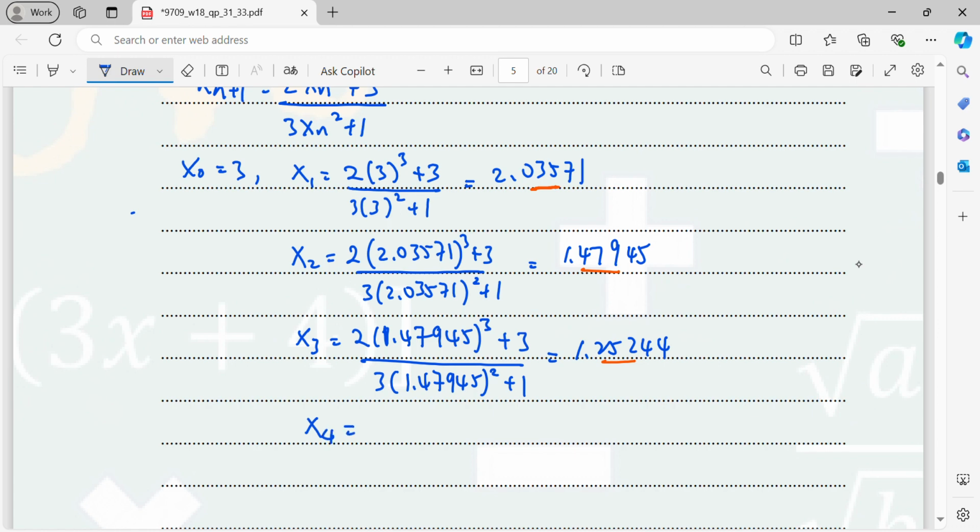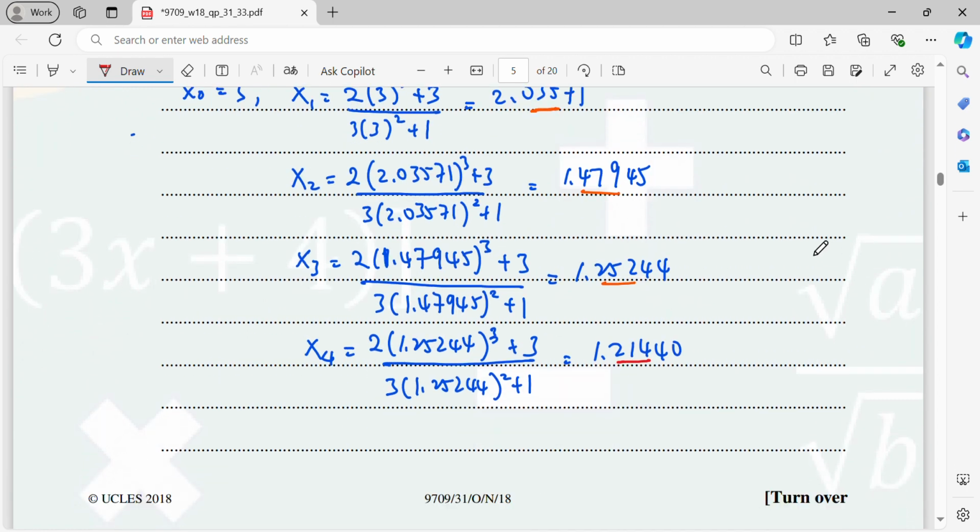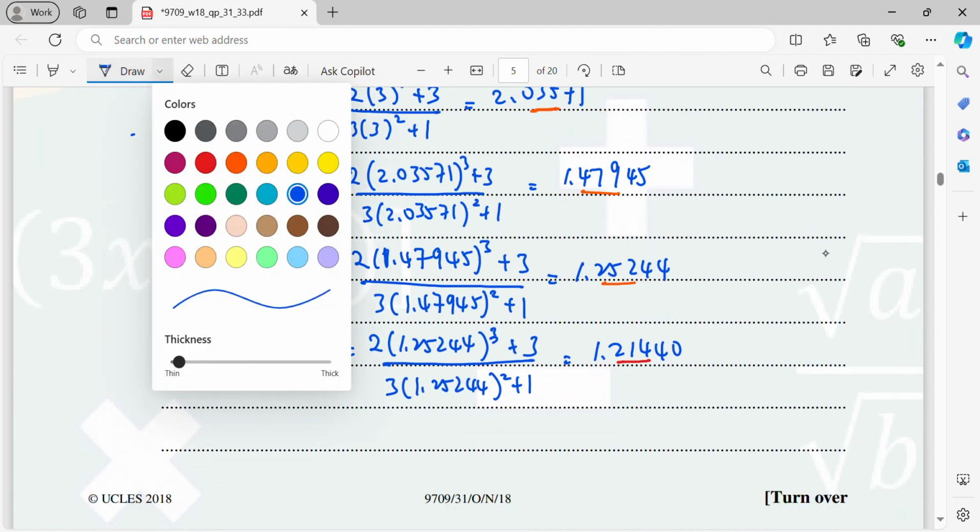So x4, just replace the x by the latest value. Then you will be getting 1.21440. Still different. So continue for x5.